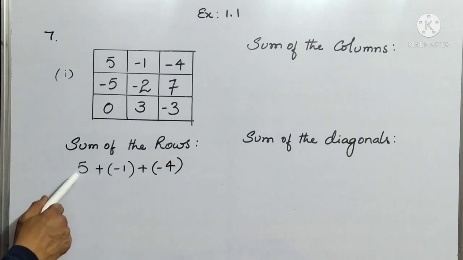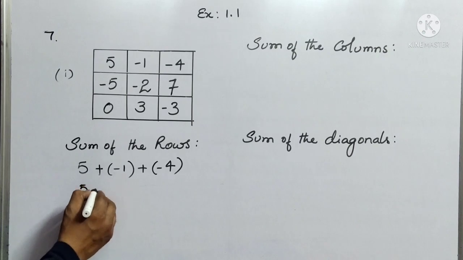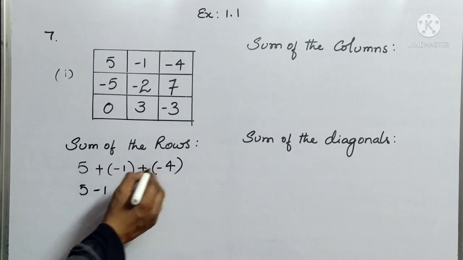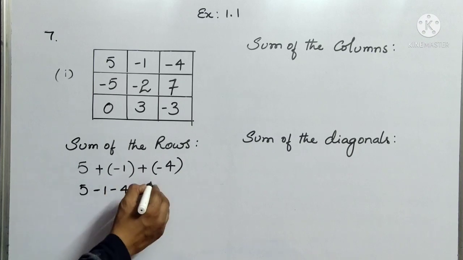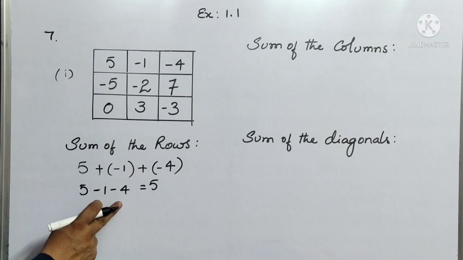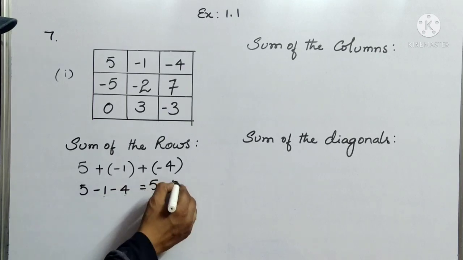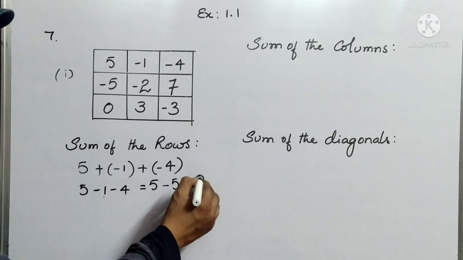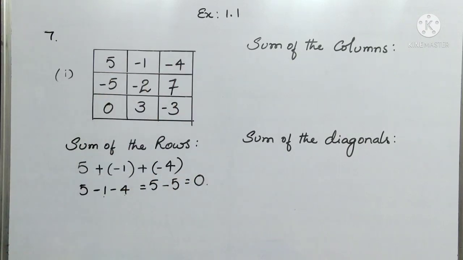Okay, add this now. 5 plus of minus 1 plus of minus 4. So that is 5 minus 1 minus 4. Both are negative. As I told you, both are negative symbols, we have to add and write the symbol minus. So 4 plus 1, 5. So 5 minus 5 what? 0. That means the sum of the row we got is 0.